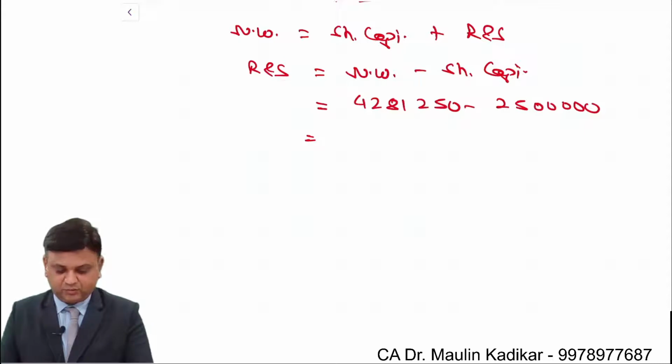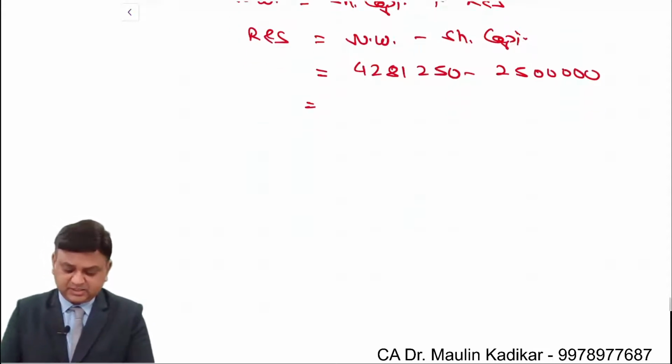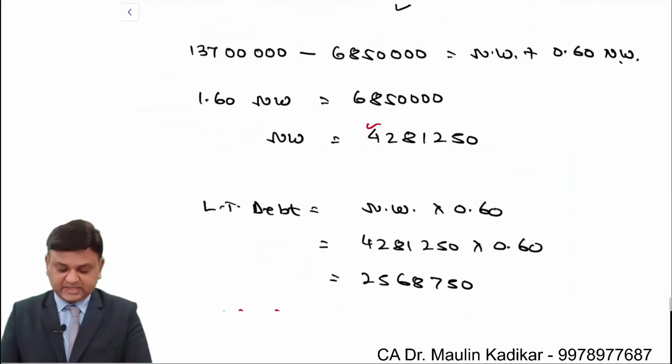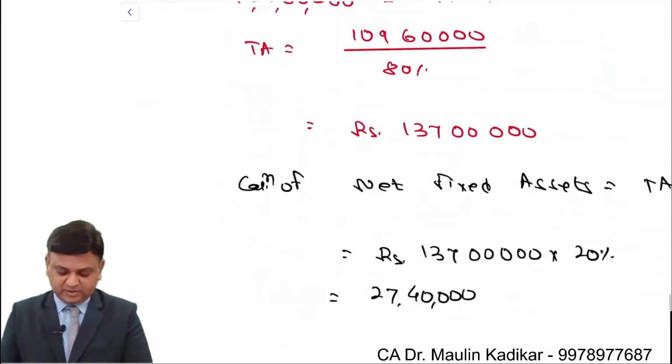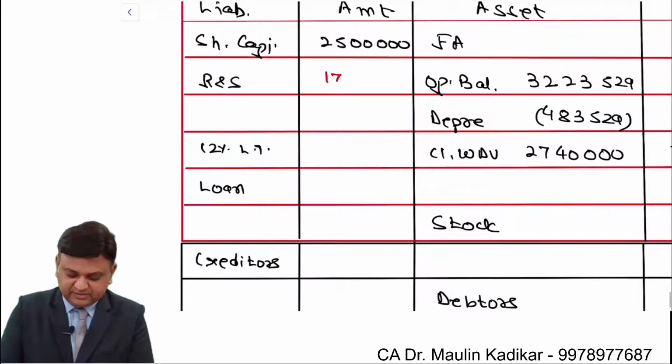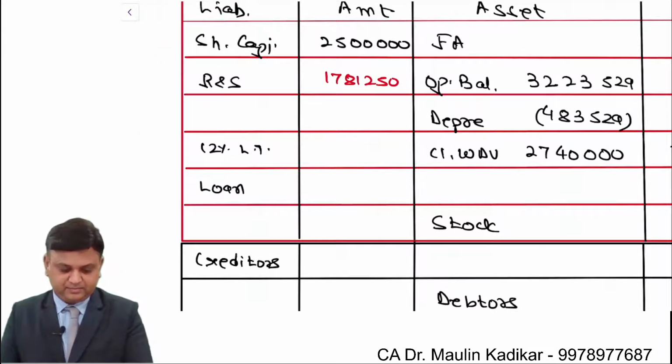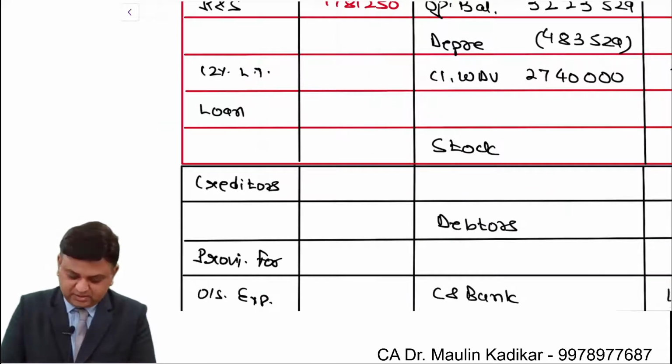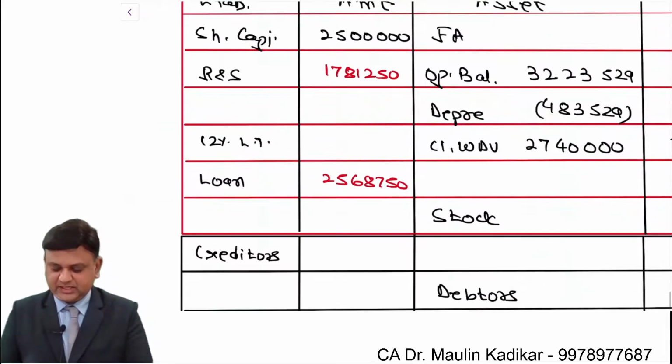So it comes to 17 lakh 81,250. That is the way the reserves and surplus can be calculated. So over here, this is 17 lakh 81,250 and long-term debt is 25,68,750. That is what we understand.